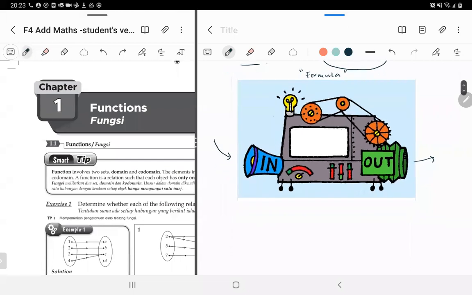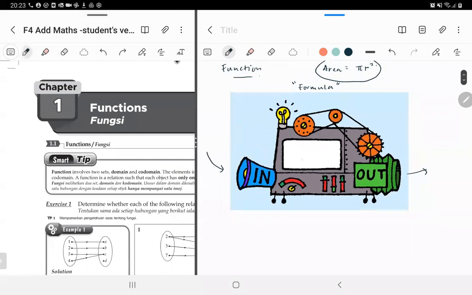Let's say this machine is doing +2. No matter what I put in, let's say I put in 2, it will do the same process, it will always +2 for you, so the output will be 4. If my input is 5, it will do the same process +2, and then your output will be 5 + 2, which is 7.